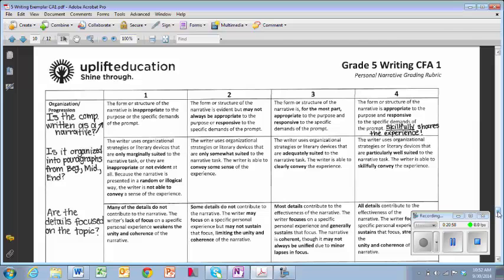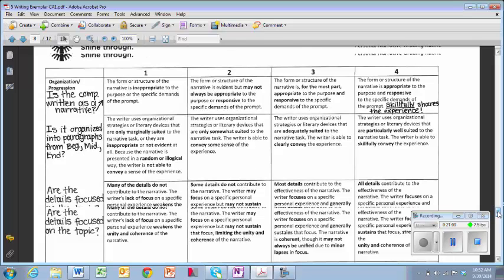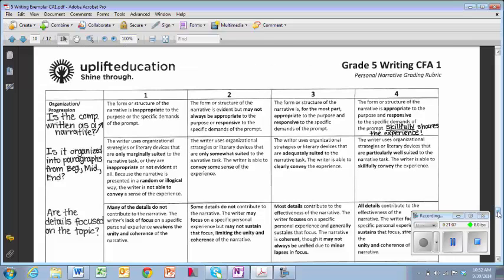If you have any questions as you are grading this, or you're unsure what something means, or maybe you have a really difficult paper to grade, there is a discussion board posted underneath this norming video. You can post your question, maybe post that you would like someone else to help you look over that paper, and then the CTL or myself will be watching and responding to those discussion board questions.